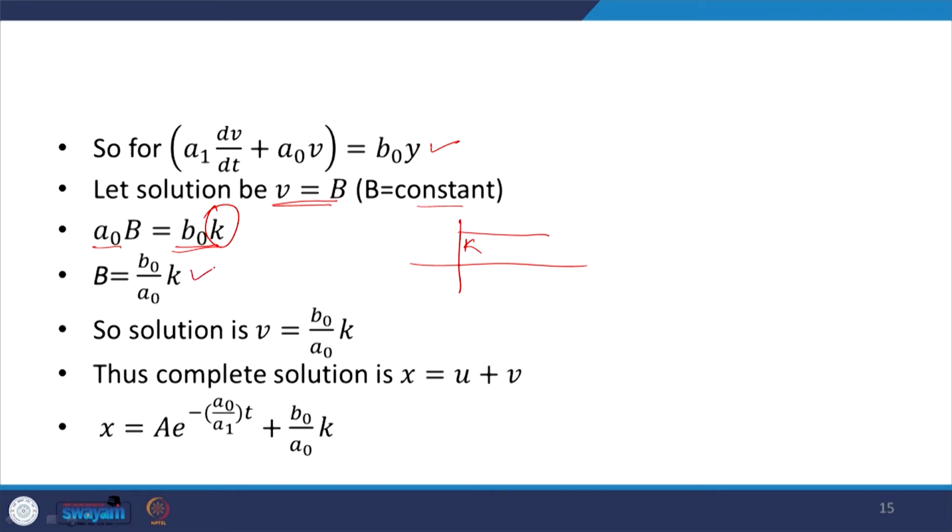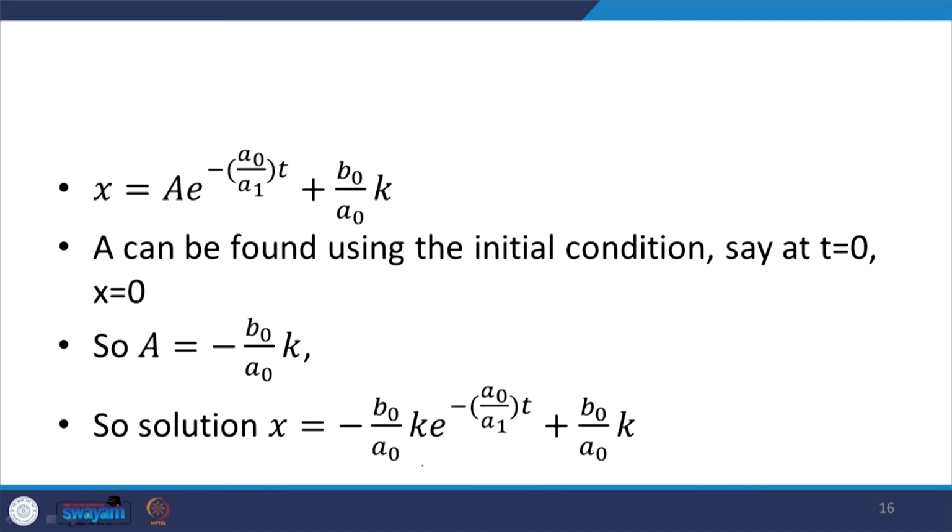From here I get the value of b, so I can write the complete solution like this. This is the solution of the first order differential equation with a forcing function.